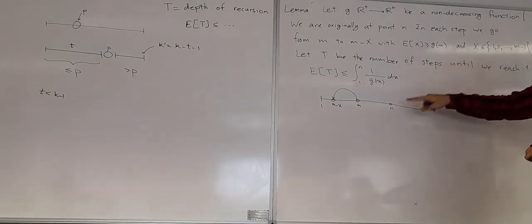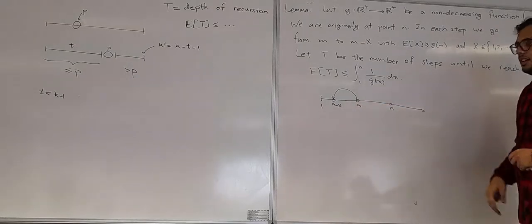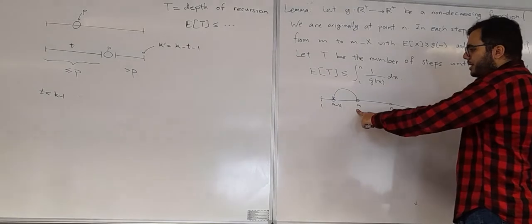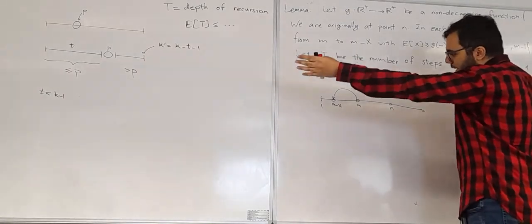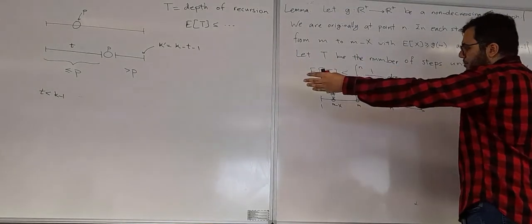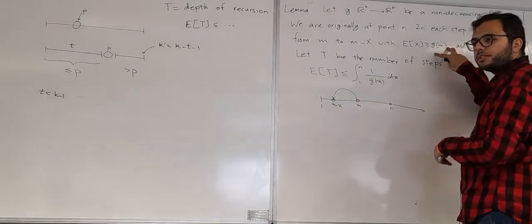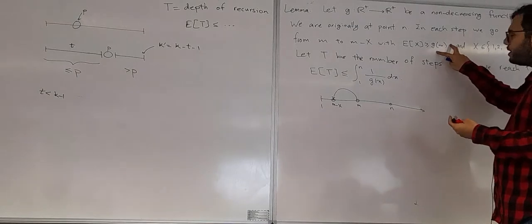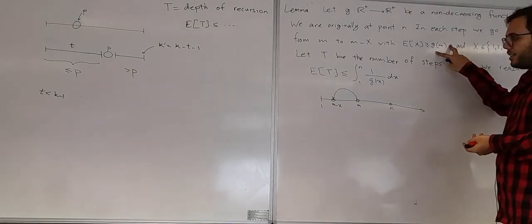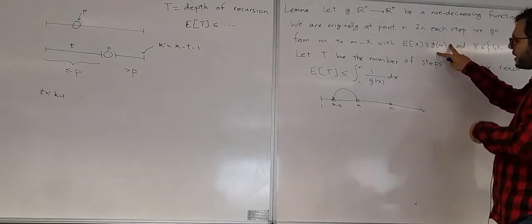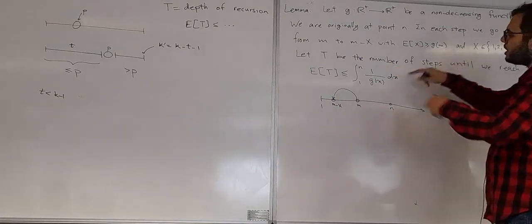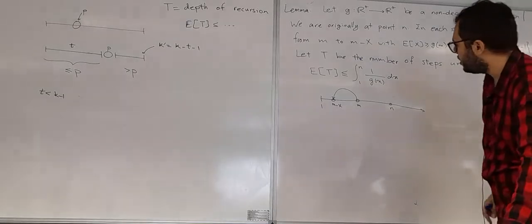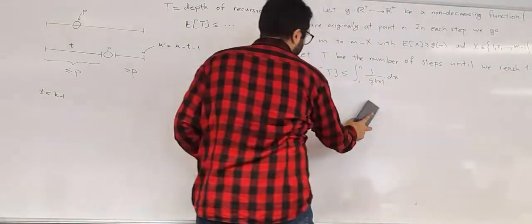But the decrease depends on where I am right now. If I started at m and the decrease did not depend on m, then as I went to the left, I would jump by g of m steps each time. And then the number of jumps that I would need would be just n divided by g of m, right? But this step size is changing. And since it's changing, I have to take this integral. That's the whole idea here. But let's prove this formally.